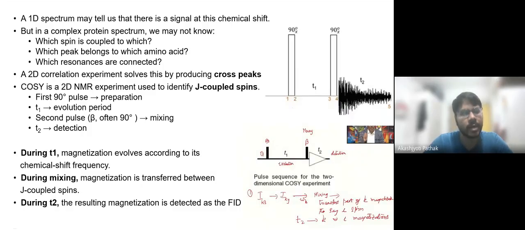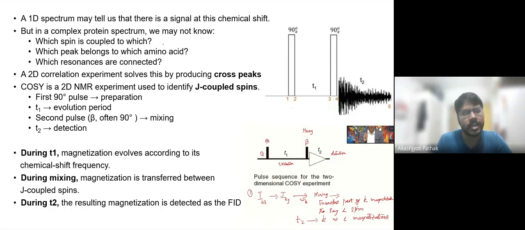So what extra information are we getting in a 2D NMR or 2D COSY experiment? In a 1D spectrum, we are only getting the information about the chemical shift of a particular spin. It may tell us that there is a signal at this chemical shift, but in a complex protein spectrum, we would want to determine which spin is coupled to which particular spin.